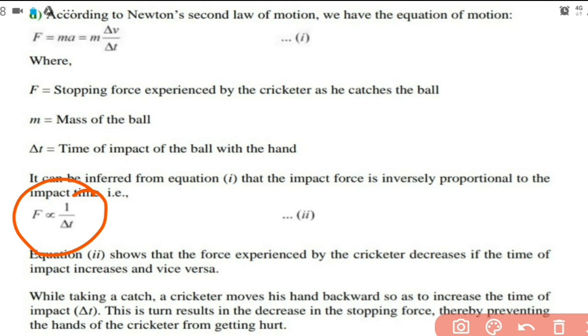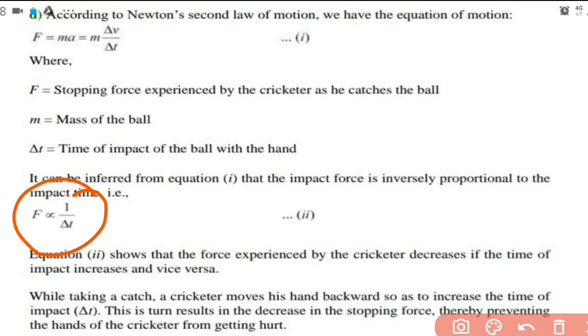If the cricketer takes the catch suddenly, the ball comes to rest, so there is a big change in momentum within a short interval of time, and the impact force will be more.